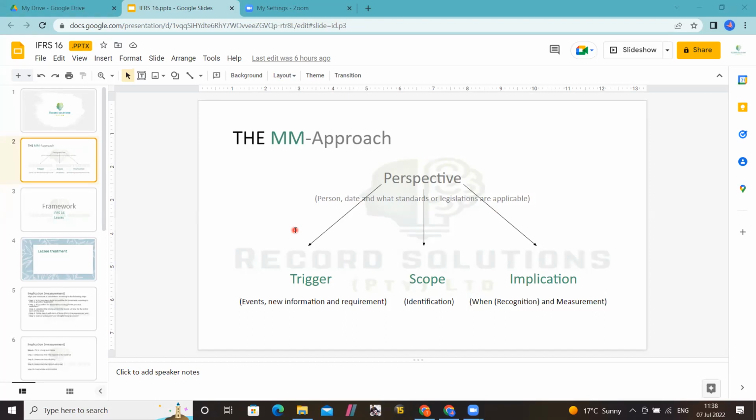It's also very important to know what tax you are doing. So on perspective, they also add tax. It's the person, the date, and the tax you are doing, whether VAT, income tax, dividends tax or donations tax. You need to know before you even start with the question.